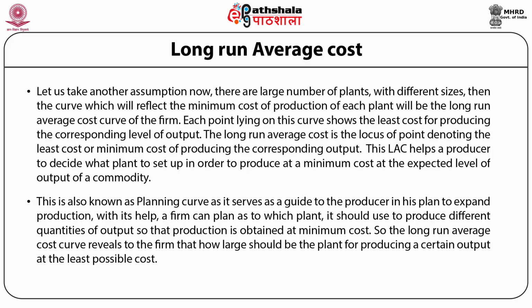With its help, a firm can plan as to which plant it should use to produce different quantities of output so that production is obtained at minimum cost. So, the long run average cost curve reveals to the firm how large the plant should be for producing a certain output at the least possible cost.